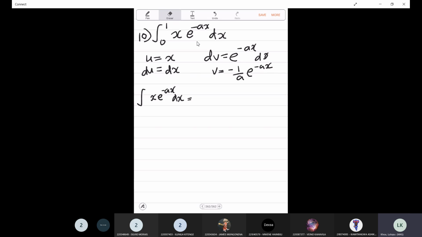So this is minus x over a e to the power of minus ax, that's u times v, then minus the integral of v times du, which is x. So this negative and that negative will make it positive. So I have 1 over a e to the power of minus ax dx.